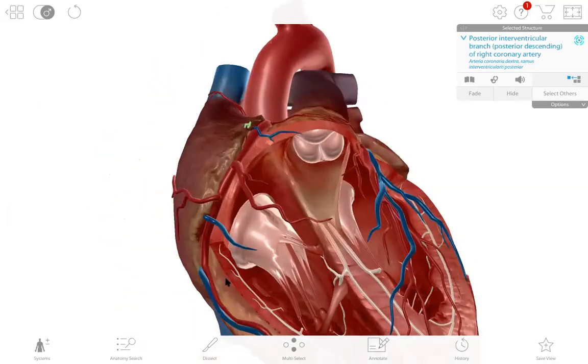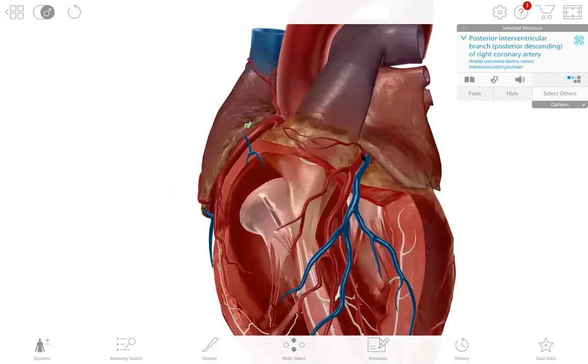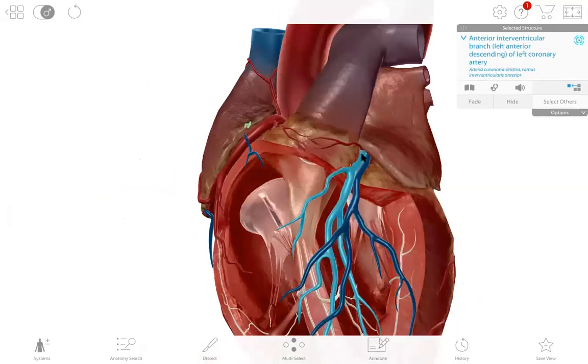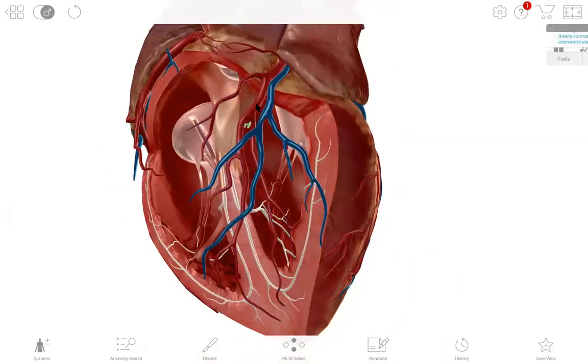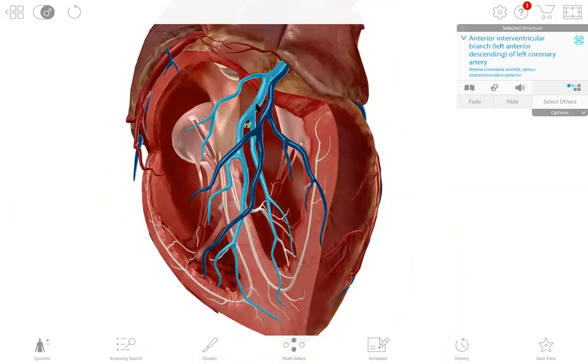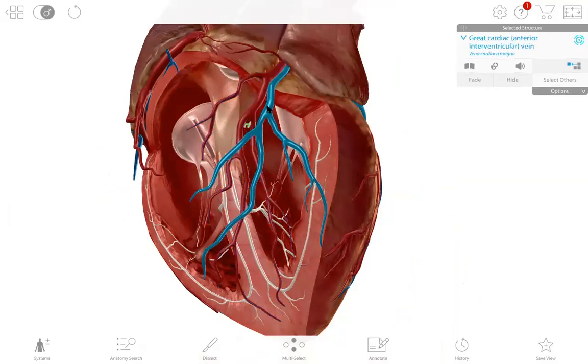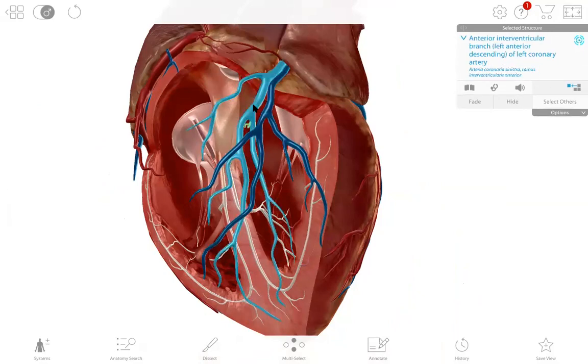If I come to the left coronary artery, immediately when it emerges it will give me the left anterior interventricular artery, which will run with the great cardiac vein in the anterior interventricular groove. Okay?